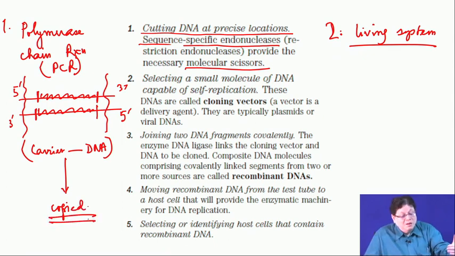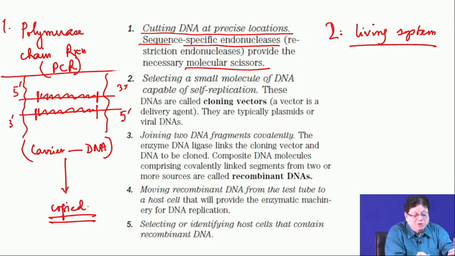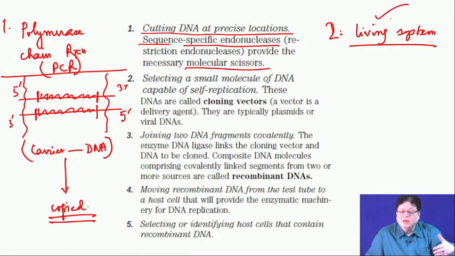Okay. So, this is not polymerase, we are talking about in general what is done, we are talking about the second one in the living, that means amplification in living system, we are talking about that in the beginning.